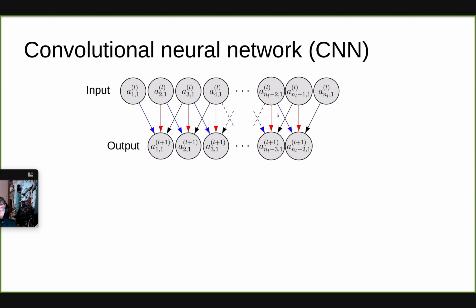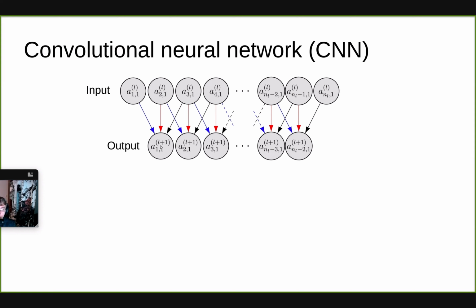So this is an example of what a 1D convolutional layer might look like. Imagine that here we have some input vector of data, and importantly, the elements in the vector are now in some specific order so that we couldn't, for example, exchange these two.